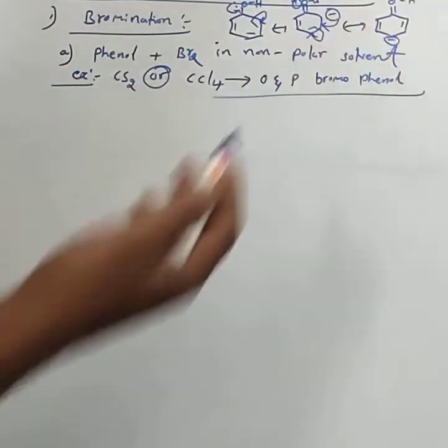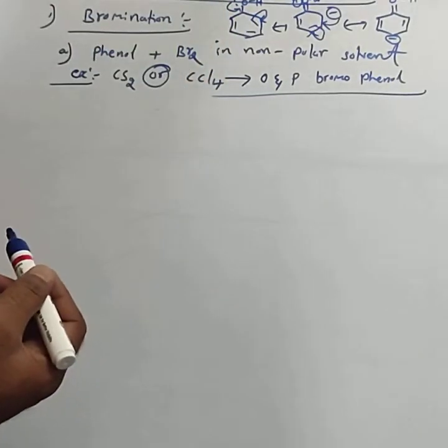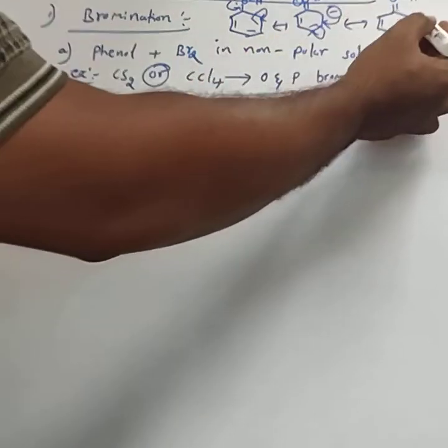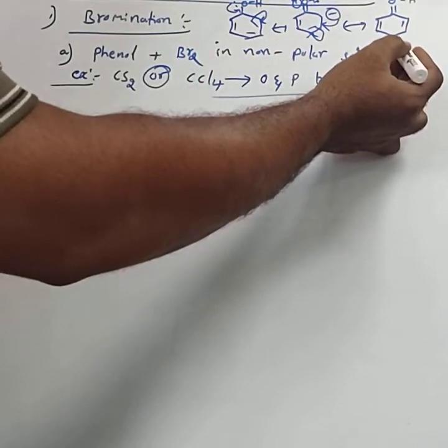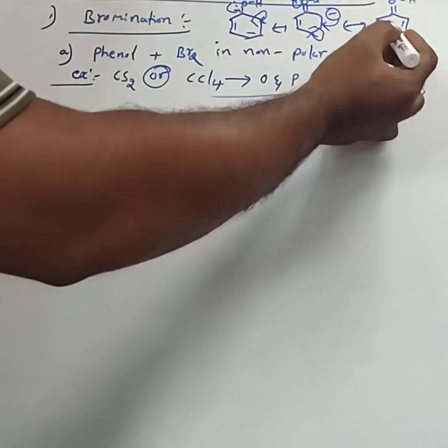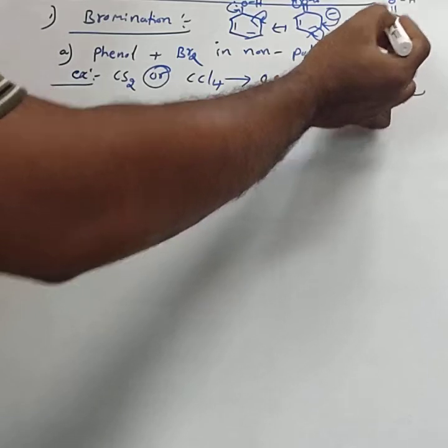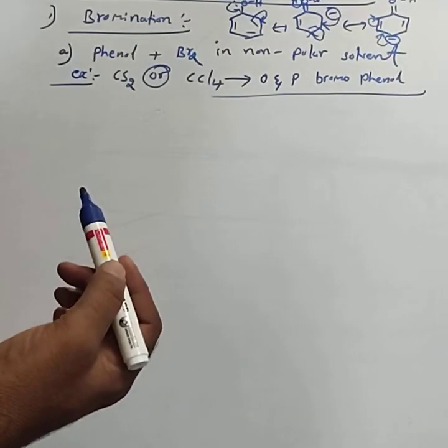This is the para position. That means the OH group increases the electron density at ortho and para. Similarly, the negative charge moves to this corner and the double bond moves to this position, and again at the ortho position a negative charge is developed.